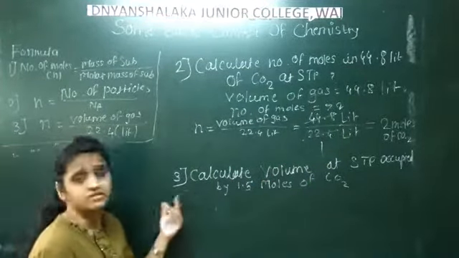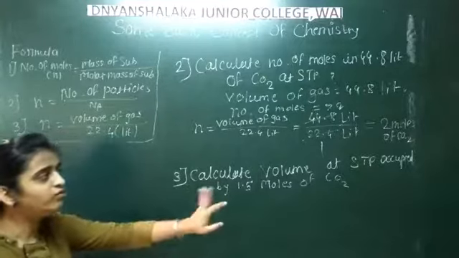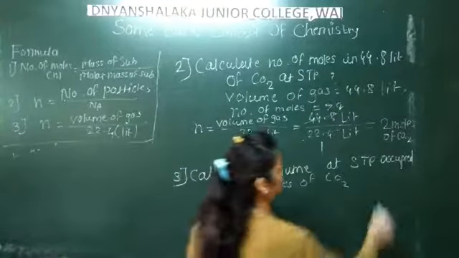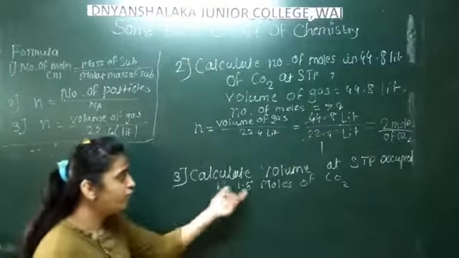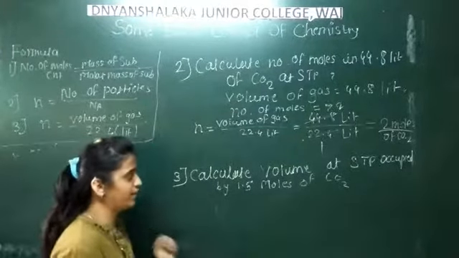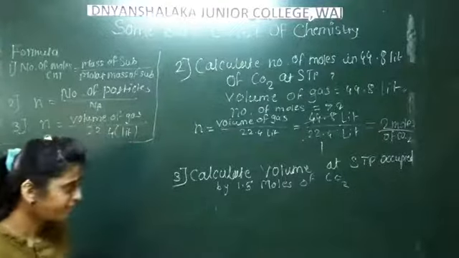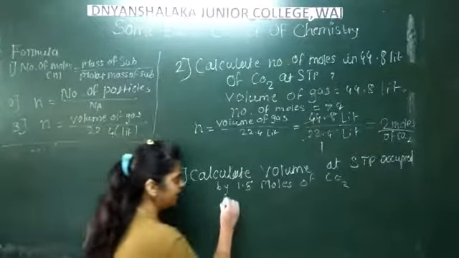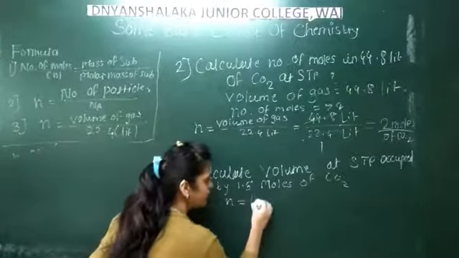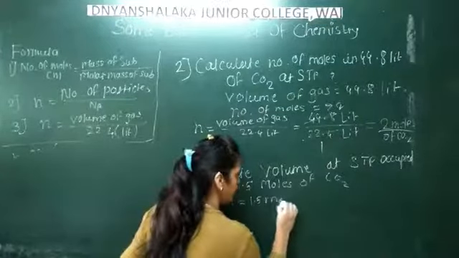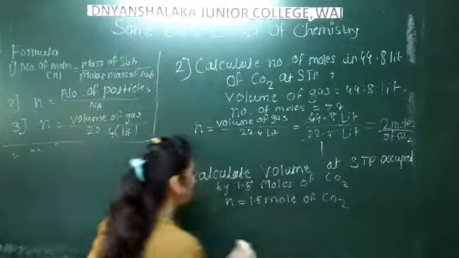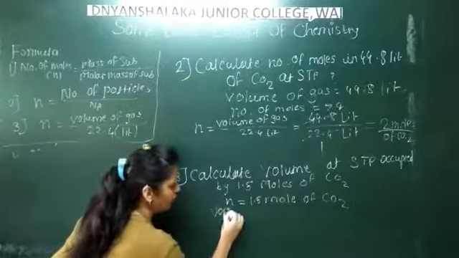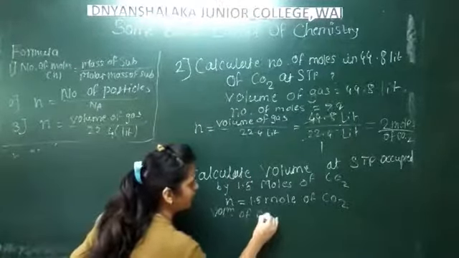So next we discuss the third example. Calculate the volume at STP occupied by 1.5 moles of carbon dioxide. In this example we are given the number of moles, 1.5 moles of carbon dioxide, and we have to find out the volume of carbon dioxide.